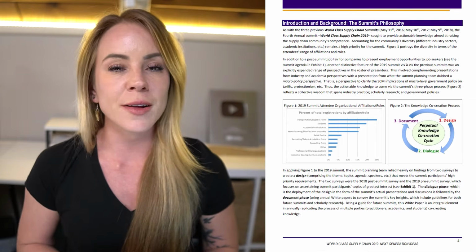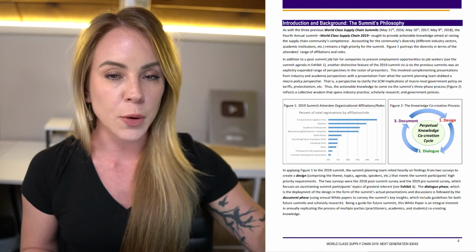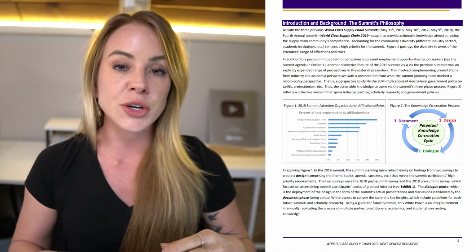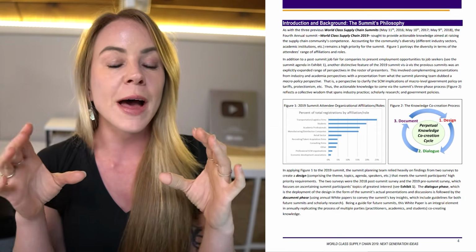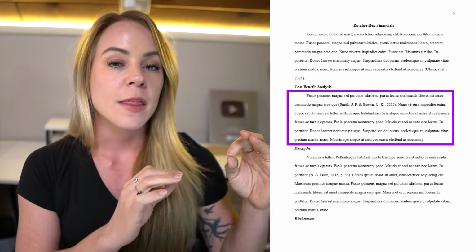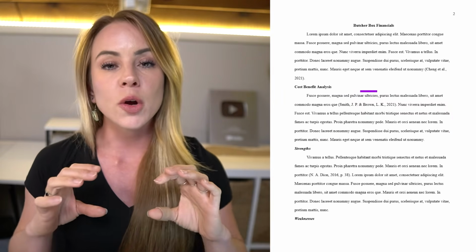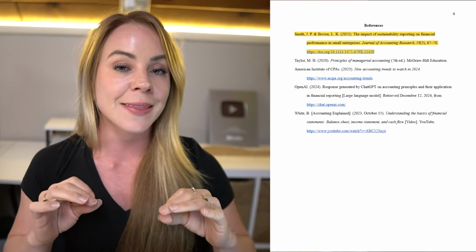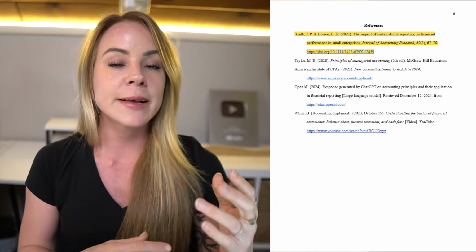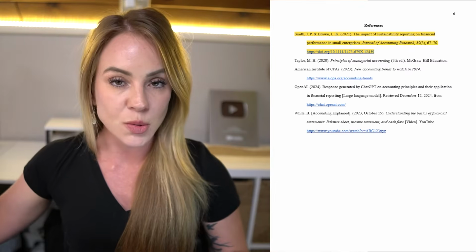So how all of this works is, say you're performing research online, you find a journal article that you like, the study fits a point you're trying to make in your paper, and so what you're going to do is paraphrase the material from that article that's relevant to that point in your paper. Then, because you've used that information from somewhere else, you want to create a full reference list entry at the end of your paper that contains all the citable material that someone would need to relook up that source.